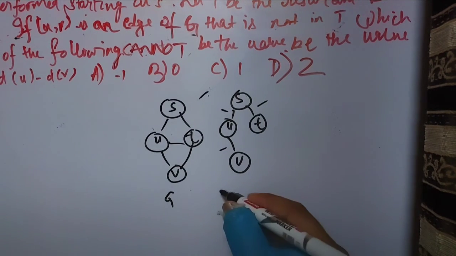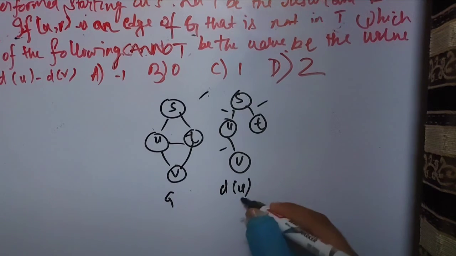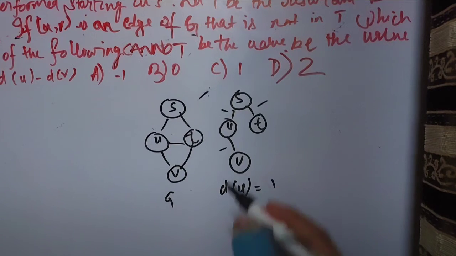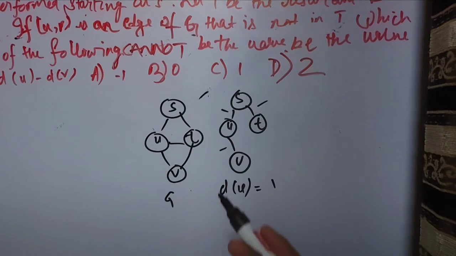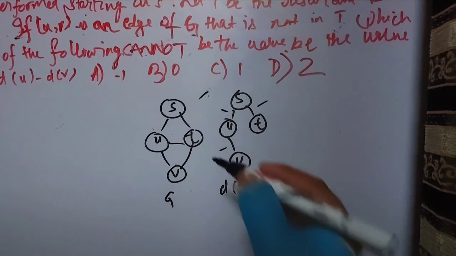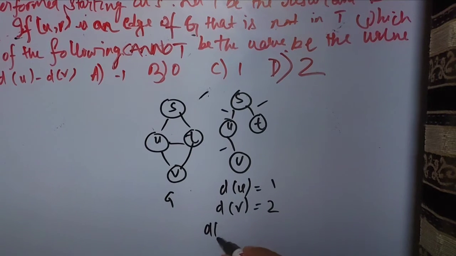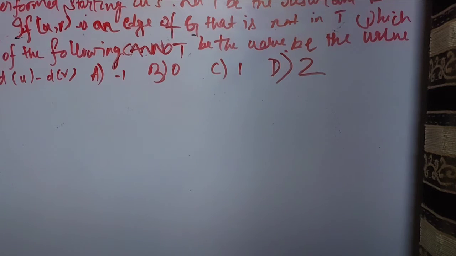So du is 1 unit because it is a single edge, and dv is 2 units because it's going through U, 1 plus 1, so it is 2 units. So du minus dv is 1 minus 2, which is minus 1. So minus 1 can be a possible value, so it's not the option we could take.